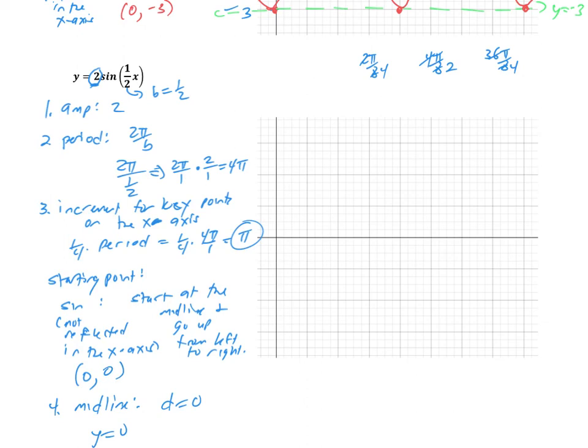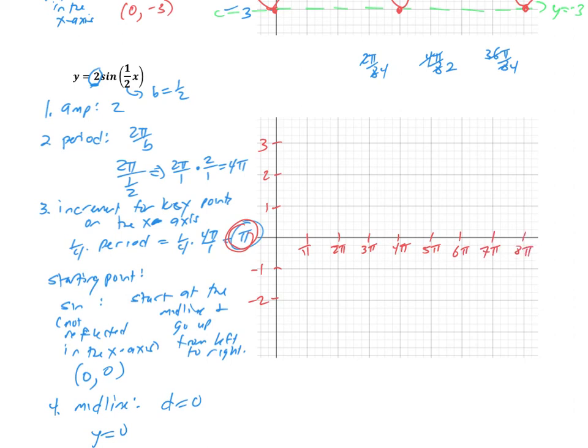Okay, so let's go ahead and sketch this graph. I'm going to put a scale on my axis, so I'm going to put one of these large units is 1 unit on the y-axis, and on the x-axis I want to count by 1/4 period, which is pi. So this will be pi, 2 pi, 3 pi, 4 pi, 5 pi, 6 pi, 7 pi, 8 pi.